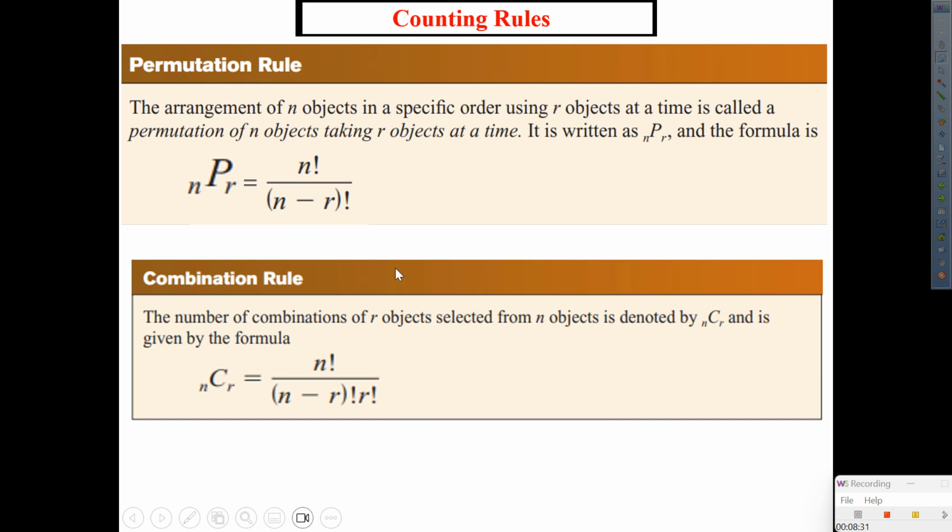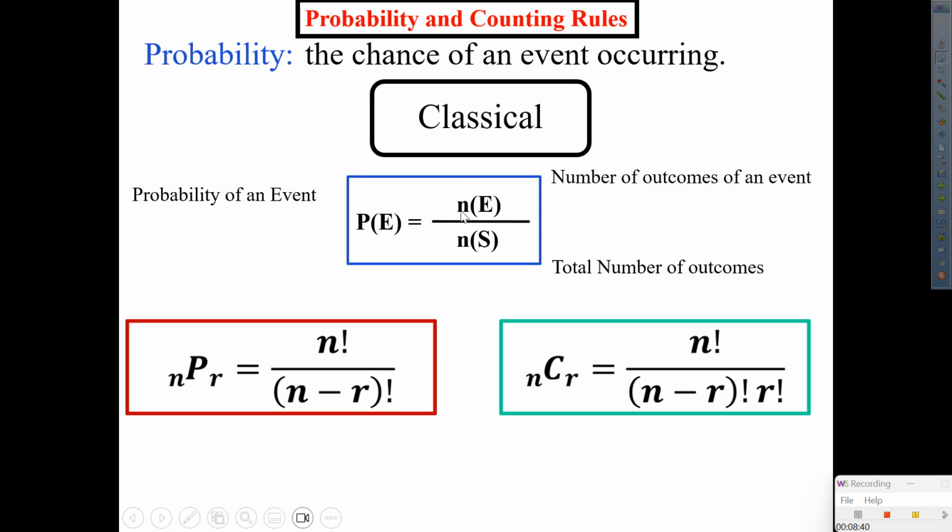So today we're going to put all of that together. All of it. And I'm going to focus right now on using the probability of a classical formula combined with these two.